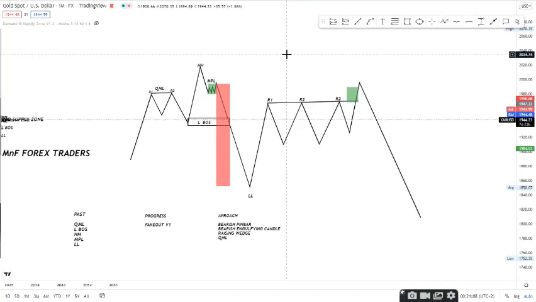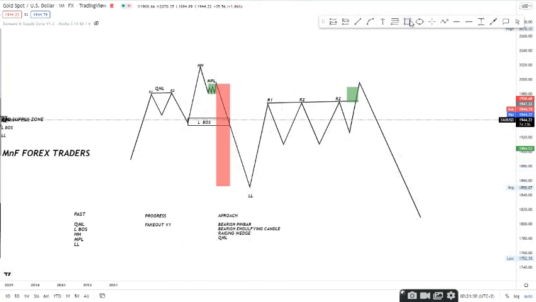So how do you identify an order block? A bearish order block is just the last bullish candle before the bearish move, the bearish move that broke the market structure here.